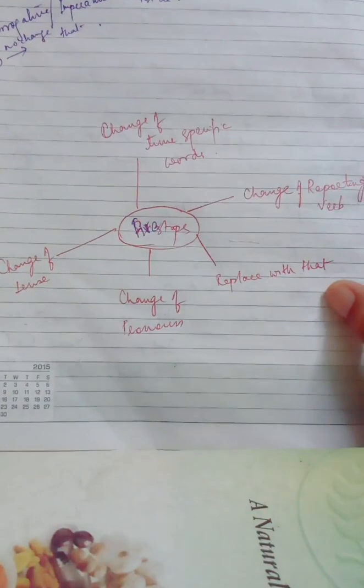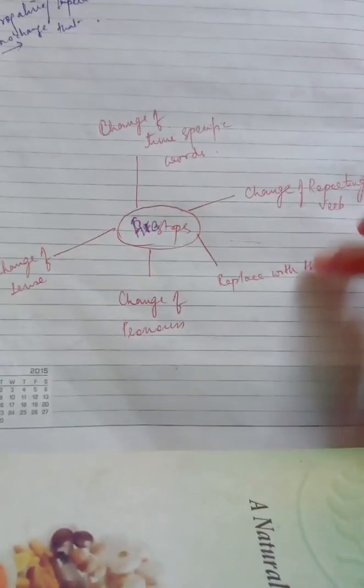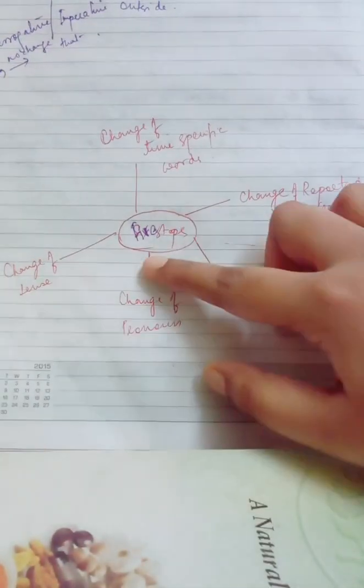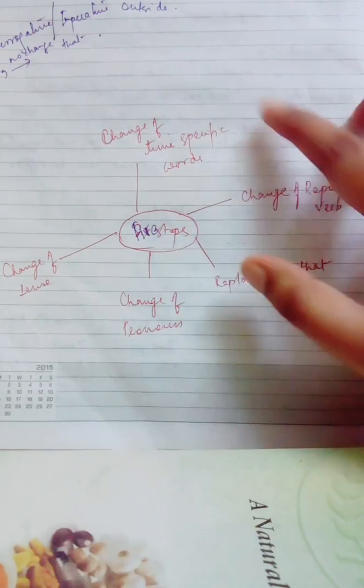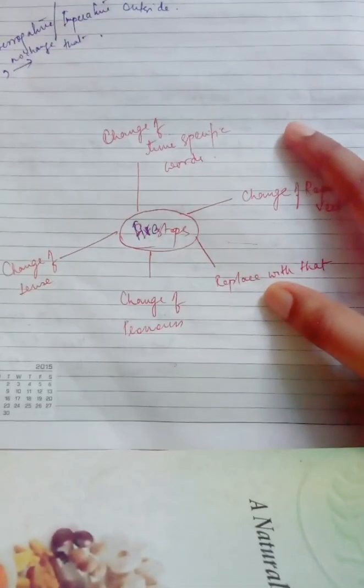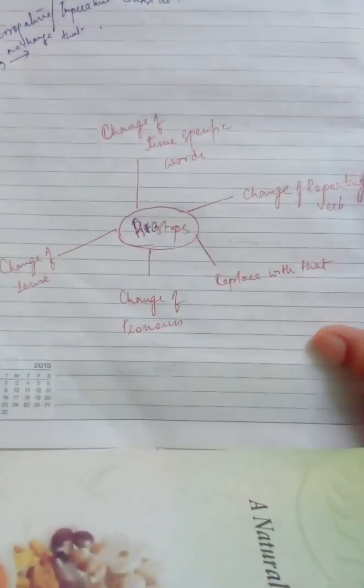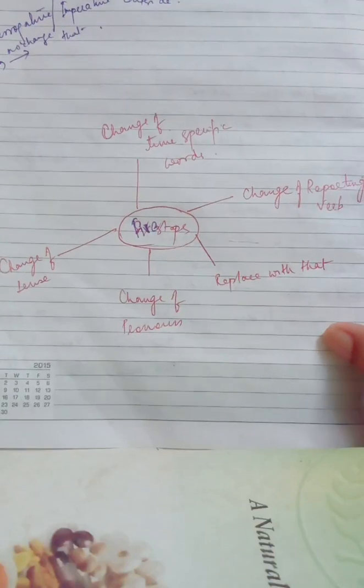First step is change of the reporting verb. Second, replacement by using that. Third, change of the pronouns. Fourth, change of tenses. And fifth is change of time specific words. All these 5 steps we will do slowly with examples, and things will be easy.